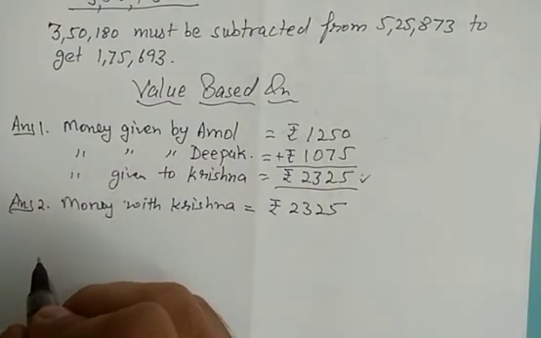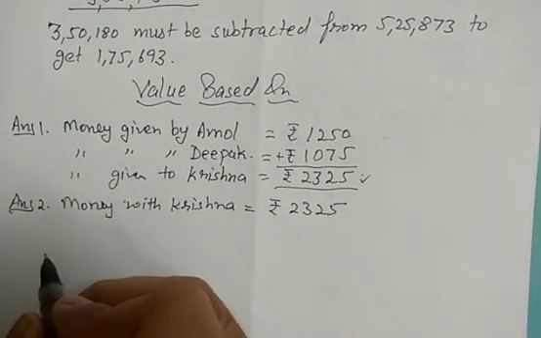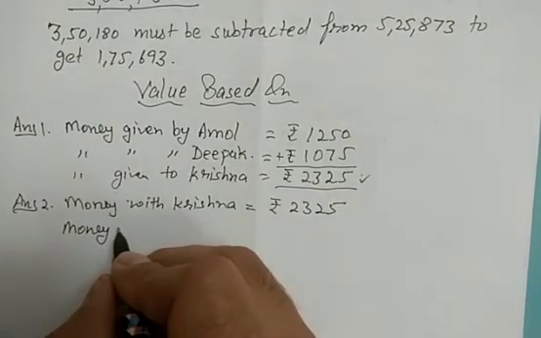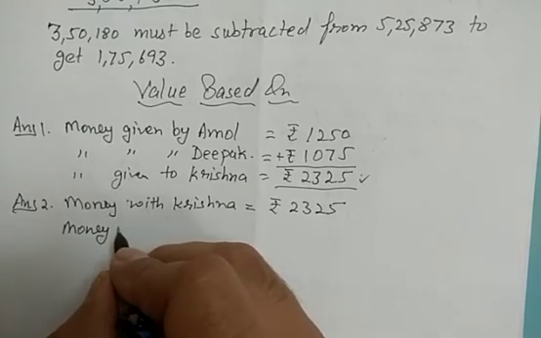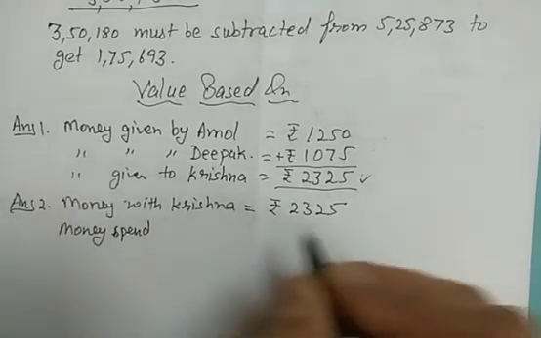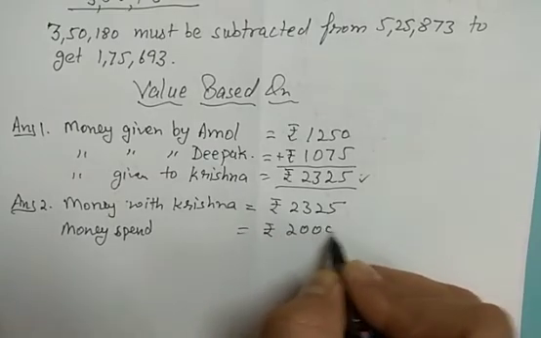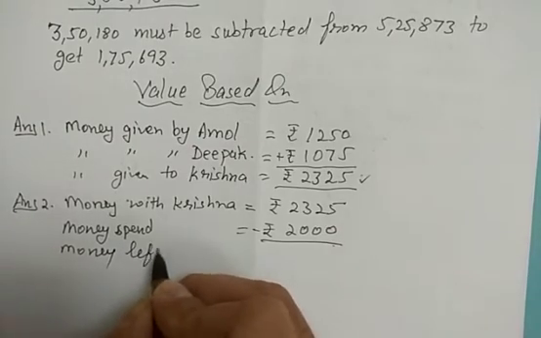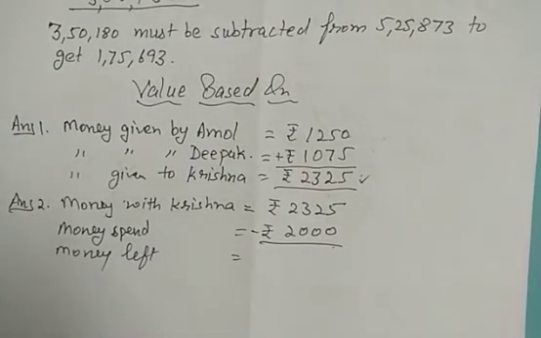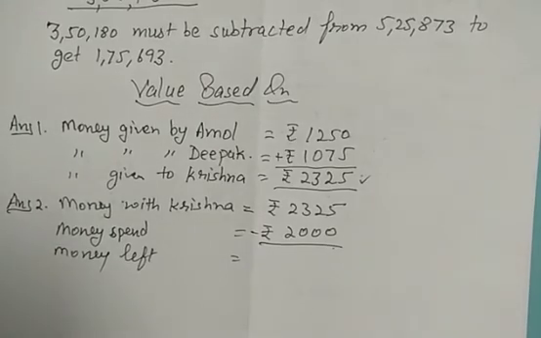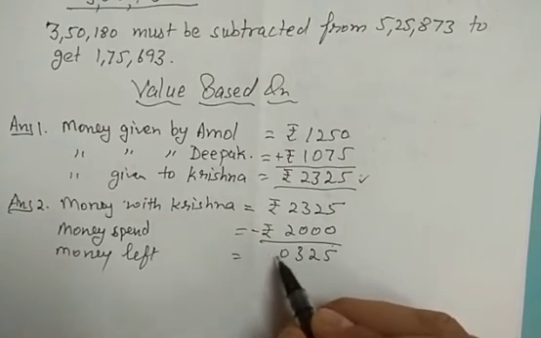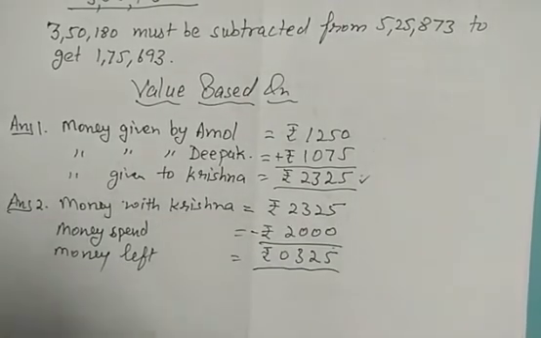And money spent on new books and uniform, or money needed, is equal to rupees 2000. So you have to find out the money left. How much money is left with Krishna? It is 325. That means 325 rupees is left with Krishna.